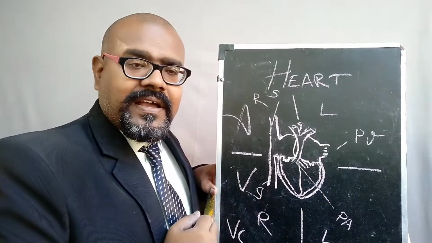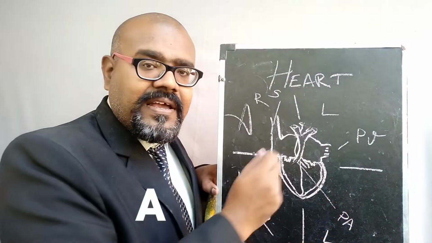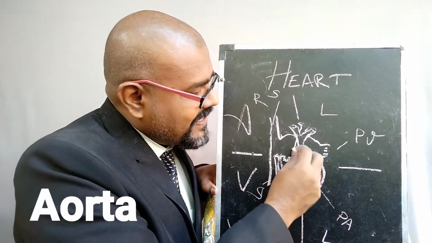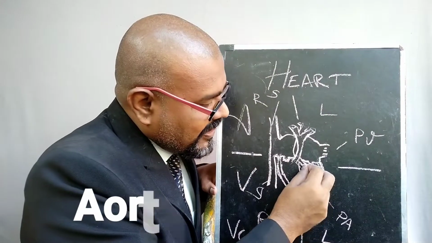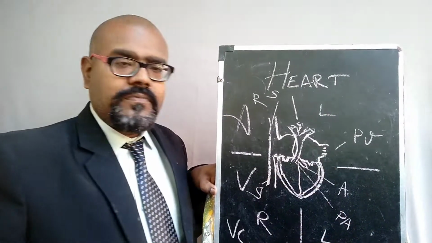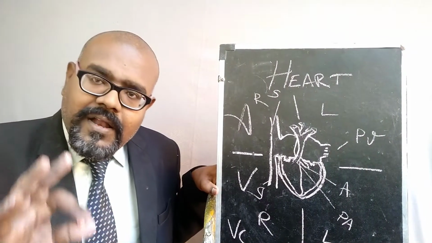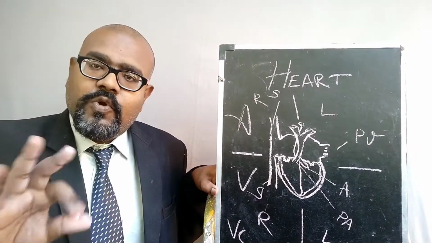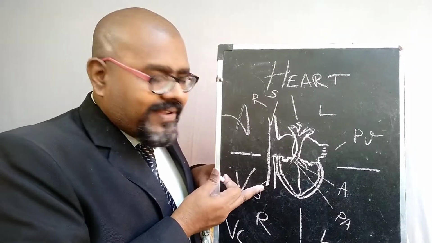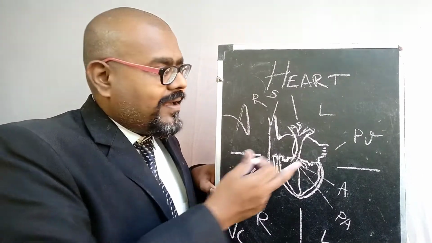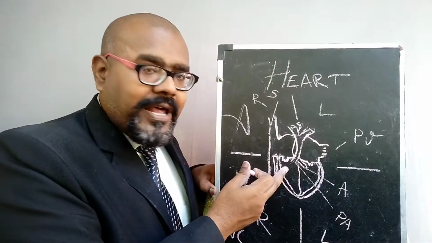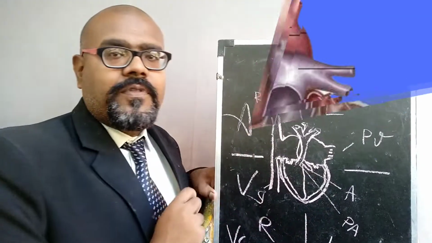From the left ventricle, we have one more vessel emerging out, which is called the aorta. These are all the vessels you need to note: superior vena cava, inferior vena cava, pulmonary vein, pulmonary artery and aorta.